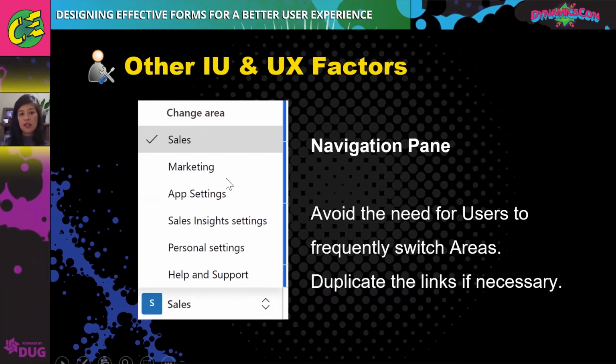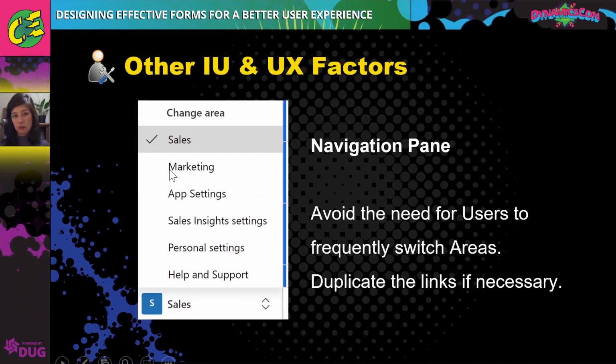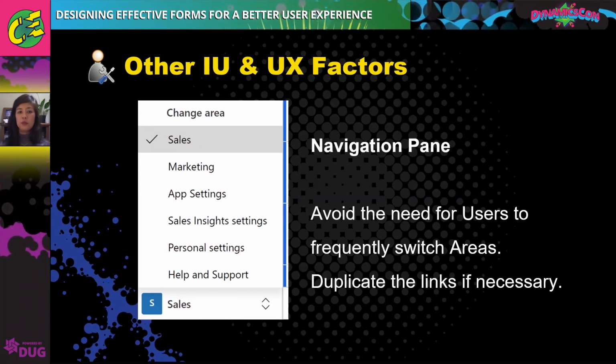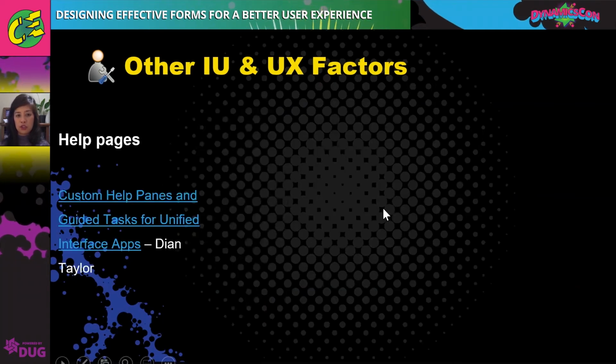In this example, you have sales and marketing areas, and you don't want the marketing people to always go to the sales area whenever they need to access accounts and contacts, for example. So do duplicate that in the marketing area, so that users won't be switching frequently to different areas.